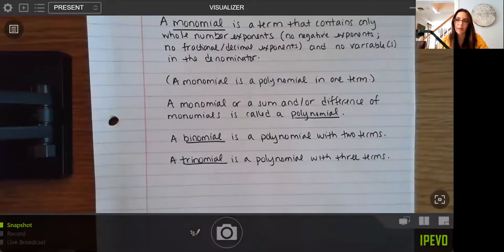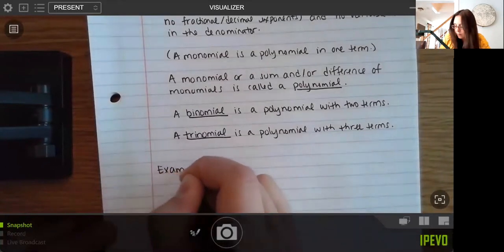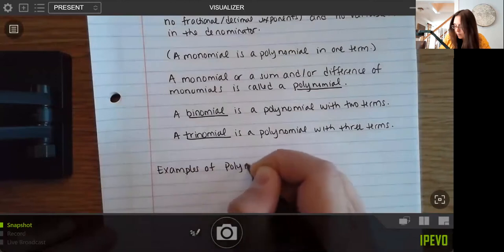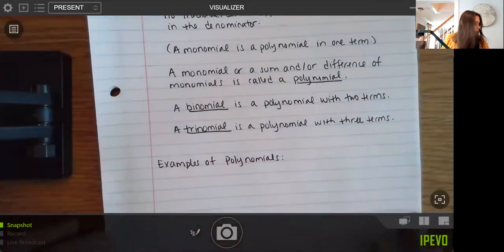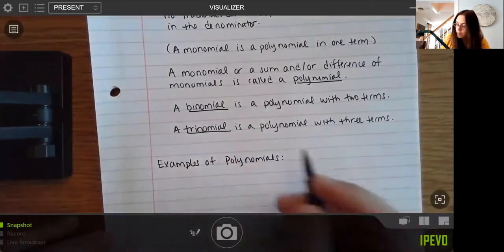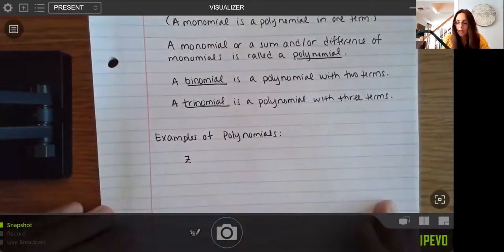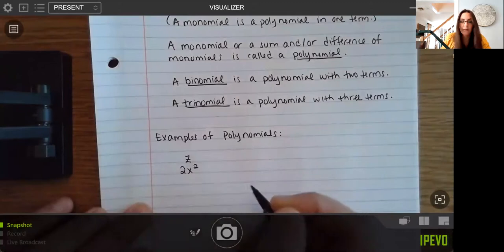So those are specific kinds of polynomials that we have, but they're all polynomials. And I want to show you some examples so you have a better idea of what this is. Okay. So here are some of the more simple polynomials. You could just have the term z. You could have something like 2x squared.